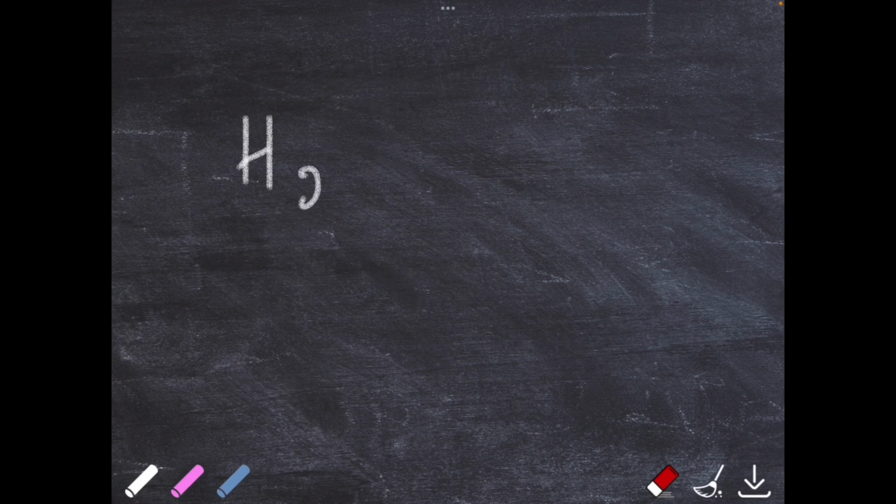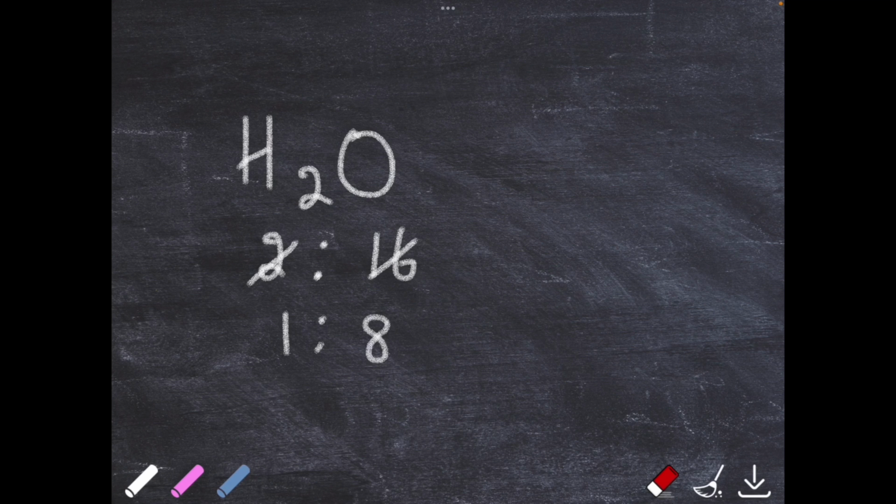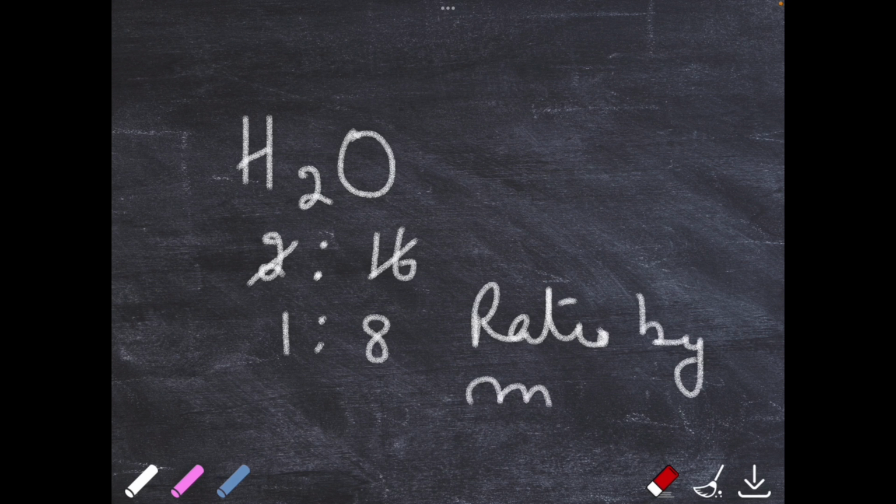Let's take water here. Now in this you have 2 grams of hydrogen combining with 16 grams of oxygen, and if we further simplify it, we get 1:8. Now this ratio 1:8, this is the ratio by mass. This is fixed irrespective of the source of water.